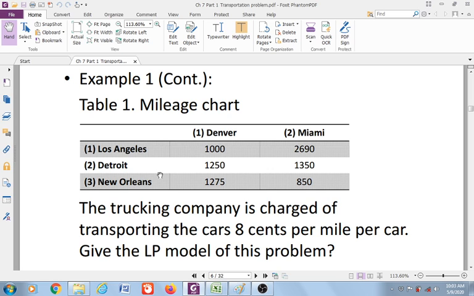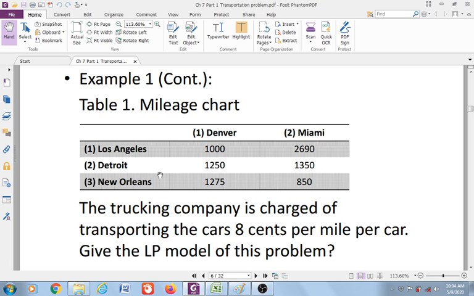It is very clear in this problem that our objective will be minimizing the total transportation cost, and our decision variables will be the number of cars that we will send from each plant to each distribution center.